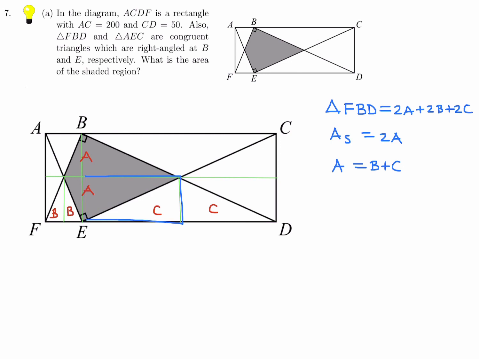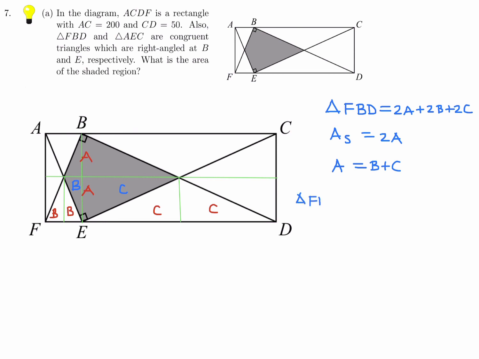So if that part is C, then that means the other part is C. Similarly, in this rectangle, when you draw a line to cut it in half, if one side is B, then the other side's got to be B. So that's B, that's C, but B plus C is A, according to my labeling. So that means I can substitute that into here and here, and that will help me out a lot.